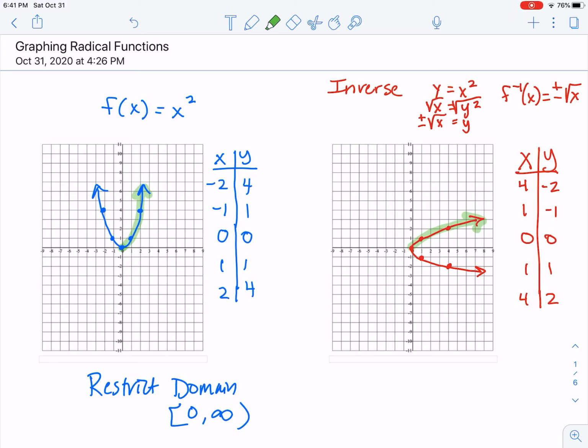Okay, and that's going to be the square root of x. So this inverse is going to be the square root of x, because the square root of x passes the vertical line test when we restrict that domain of our quadratic.